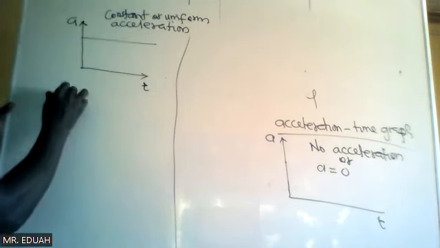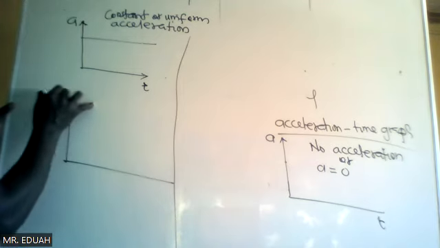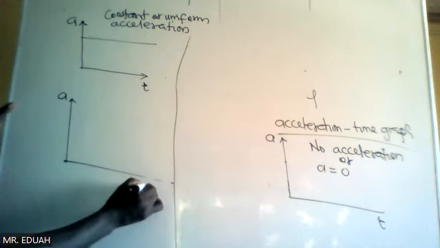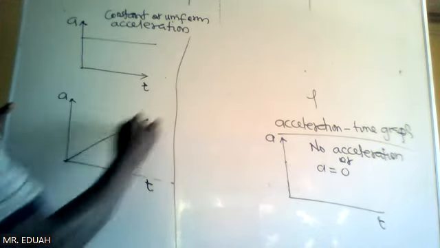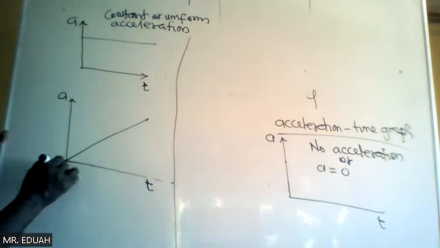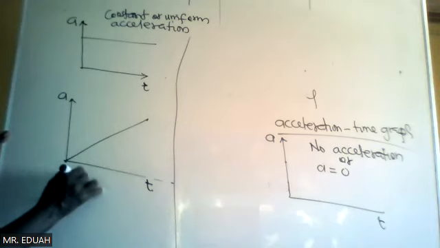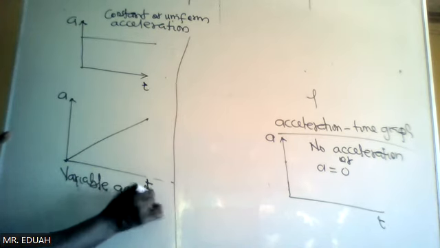And finally, if you have A against T and you have this, it indicates varying or variable acceleration.